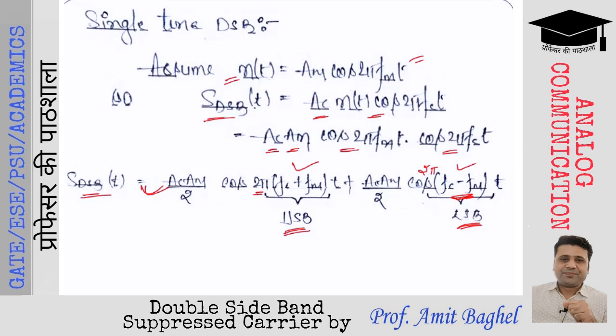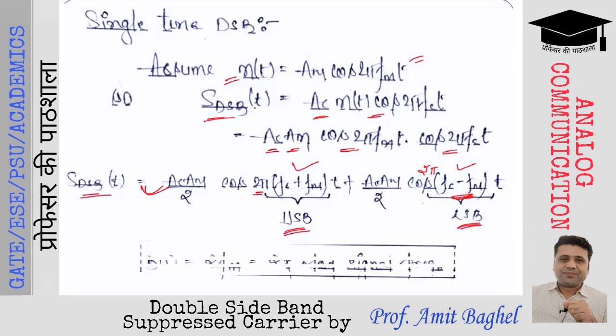So the difference of these two, fc plus fm and fc minus fm, is the bandwidth of the modulated waveform, and the bandwidth will be equal to 2 times fm. So this is 2 times the message signal frequency.